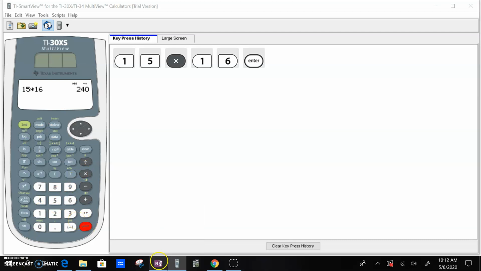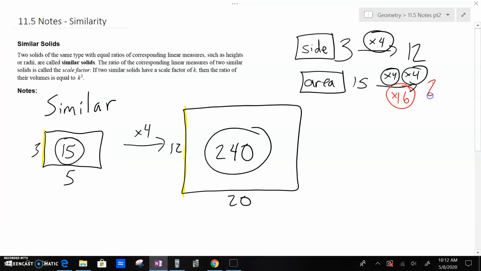And there's our 240. So you get a much bigger jump when you go from area to area than when you go from side to side. The scale factor, k, that they're talking about is just what happens when you multiply one side, like a 3, to get to the 12, the yellow side. But when we learned about area, the scale factor was 2 of those k's, so 4 and 4.